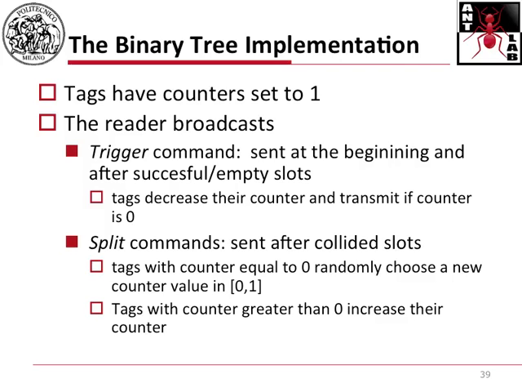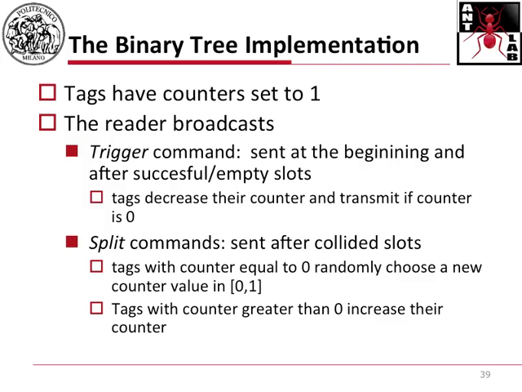The first messages are the so-called trigger commands or trigger messages. These trigger commands are sent out at the very beginning of the process, which can be somehow included in, let's say, the click message which is carried out by the reader to start the arbitration process. And also they're sent out after a successful or empty slot.